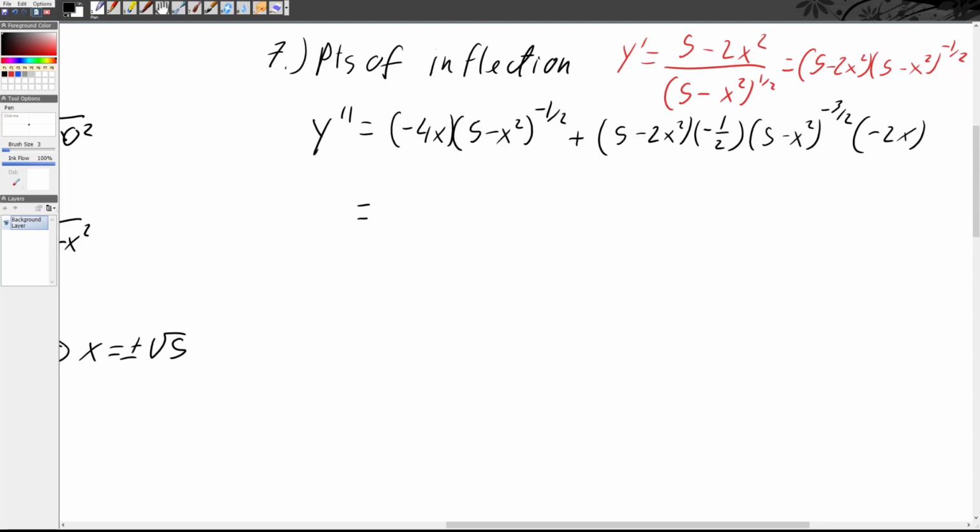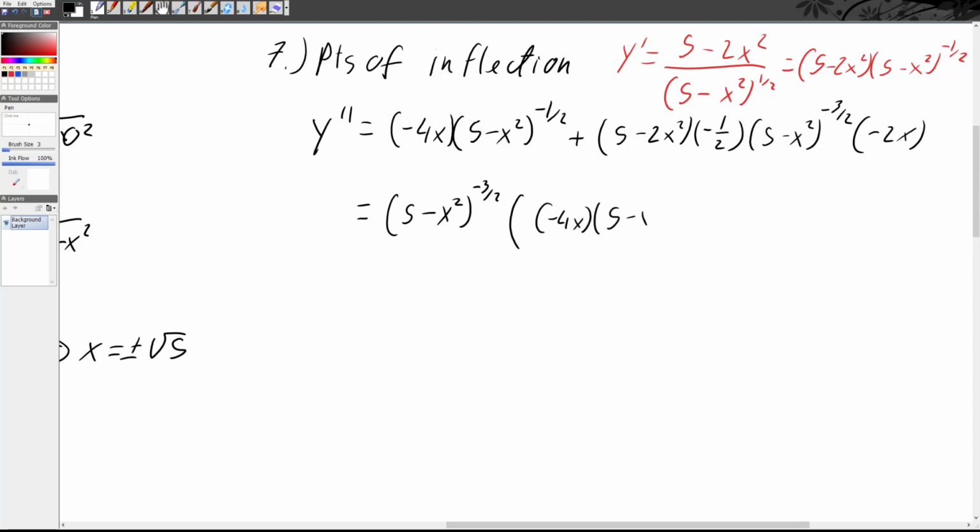Again, I'll try to do some factoring. In this case, I'll factor out a 5 minus x squared to the minus 3/2. So for the first term, I will have minus 4x.